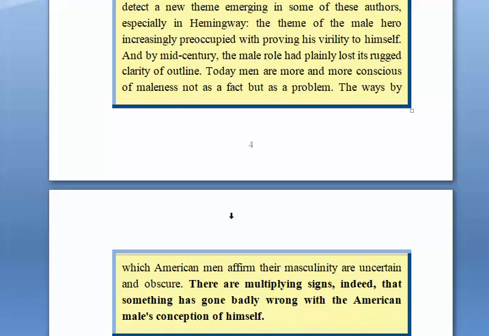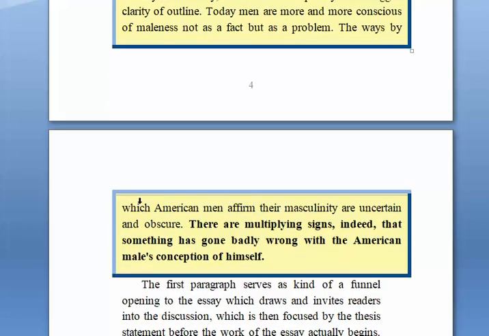The ways by which American men affirm their masculinity are uncertain and obscure. This is the last sentence. There are multiplying signs, indeed, that something has gone badly wrong with the American male concept of himself.